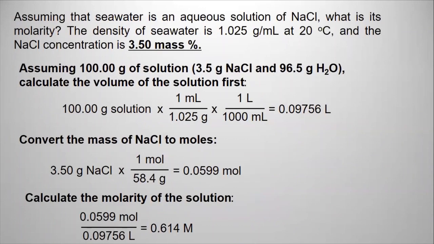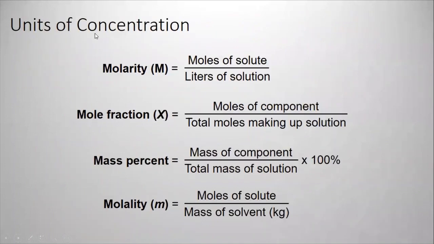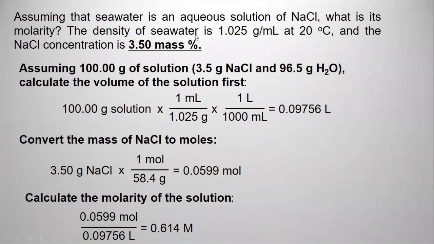So here's an example. The best way to understand this is to go over an example. Assume that seawater is an aqueous solution of sodium chloride. What would be the molarity of seawater, knowing that the density of seawater is 1.025 grams per milliliter at 20 degrees Celsius, and the sodium chloride concentration is 3.5 mass percent?